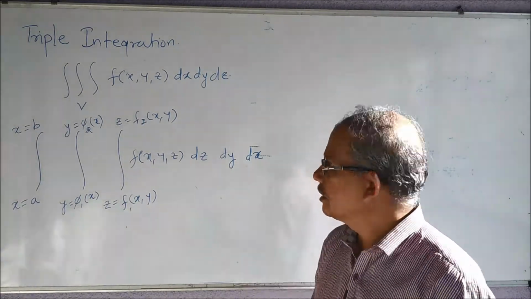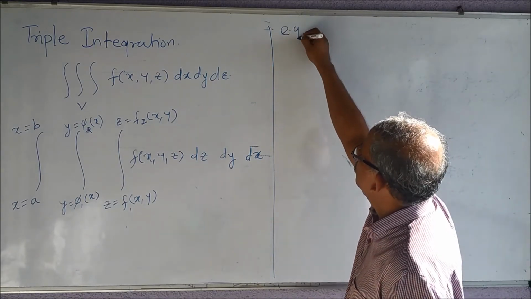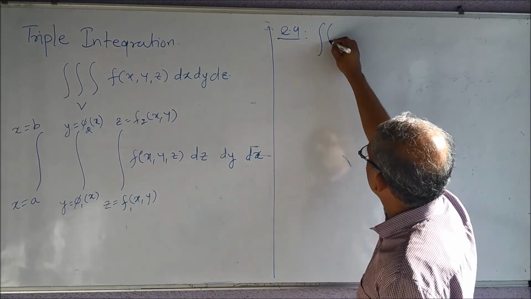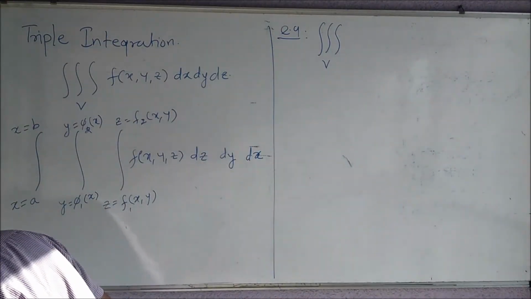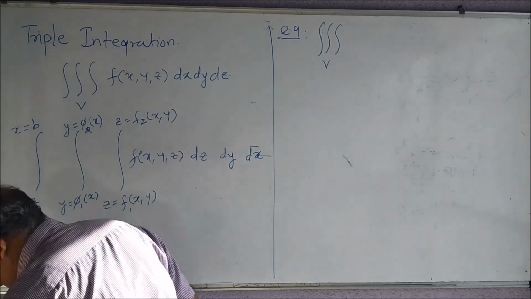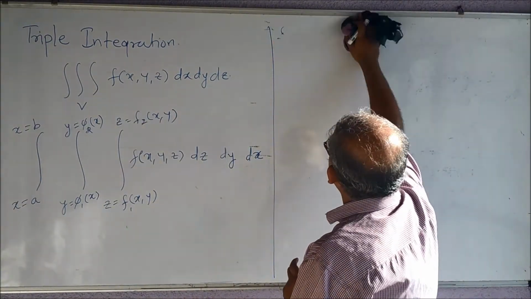I'll give you an example of this. So let us take one example. Evaluate the triple integration over V. The limits are already given, so let me put the limits over here.